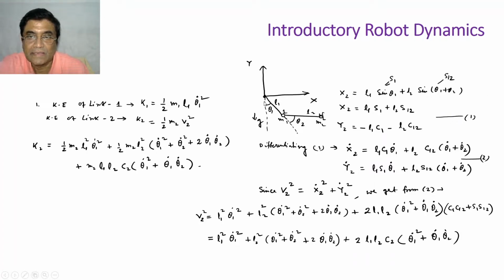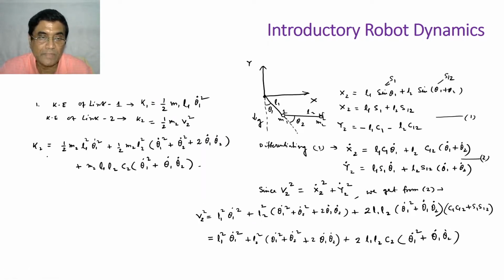Then for link 1, its kinetic energy is half m v squared, so half m1 L1 squared theta 1 dot squared, as simple as this. And for link 2, the kinetic energy is half m2 v2 squared, and we have figured out v2 squared like this. Here, without any step jump, we have minutely shown you everything.